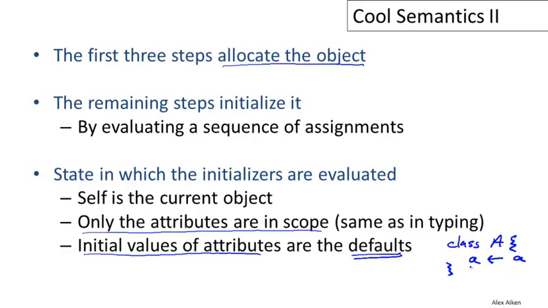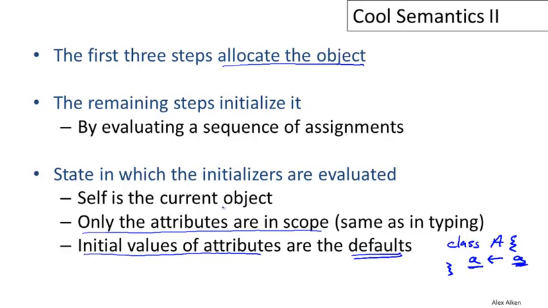I can assign an attribute A the value of A, and this is perfectly okay because the right-hand side of the initializer has all the attributes in scope. And for this to make sense, A has to have some kind of default value, some initial value, because I might read an attribute before I've actually finished computing its initializer.